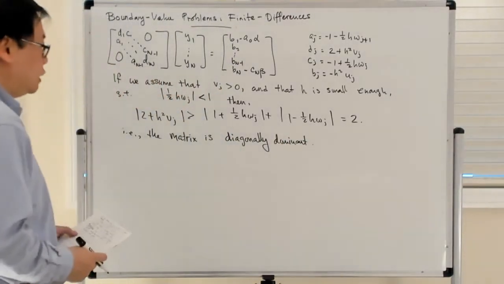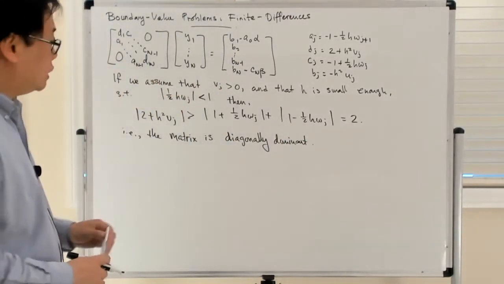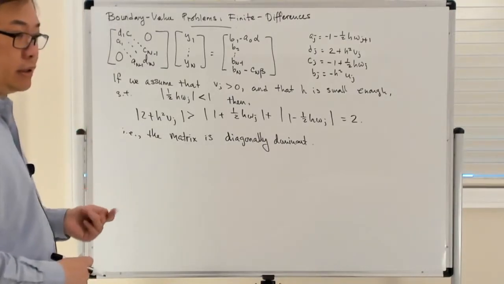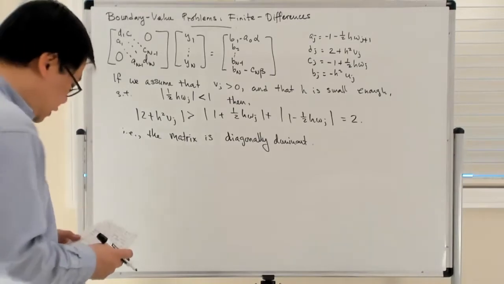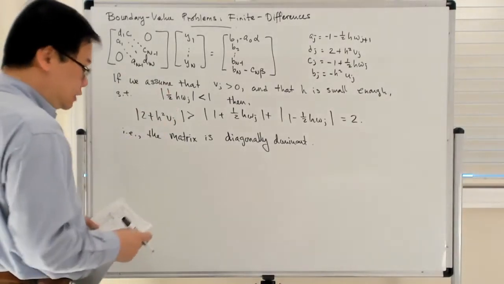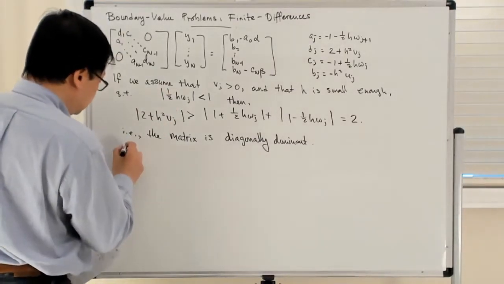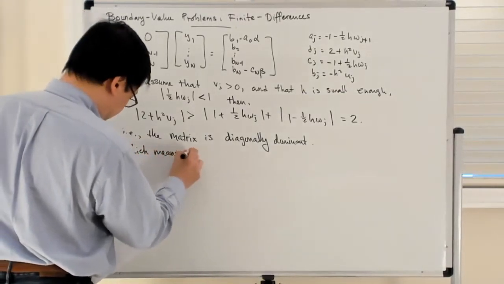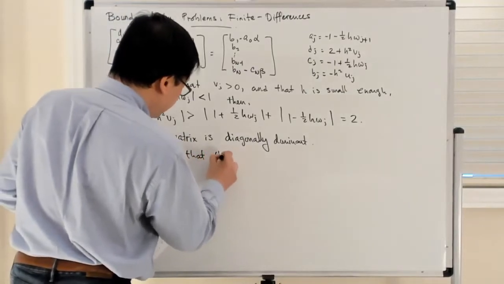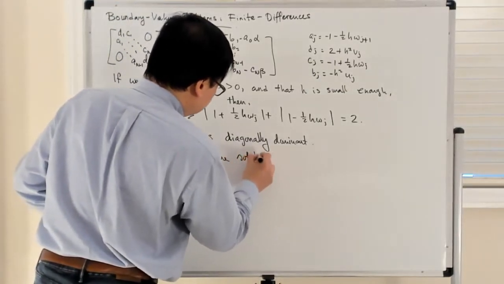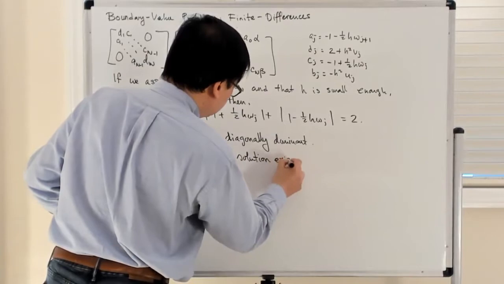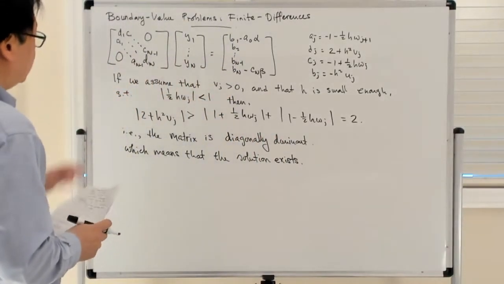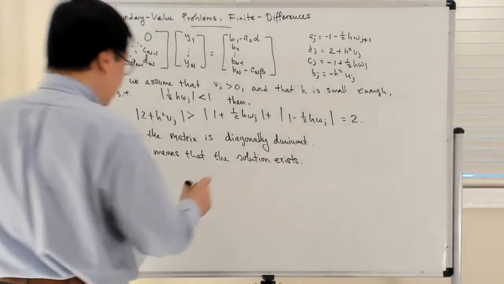And hopefully you recall from your previous courses on numerical linear algebra that diagonal dominance is sufficient to guarantee that the solution of the linear system exists. So the solution exists. That's one thing here.